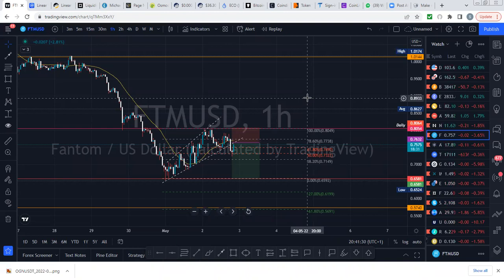Fib is the level of retracement that the market makes after a big move, either uptrend or downtrend.